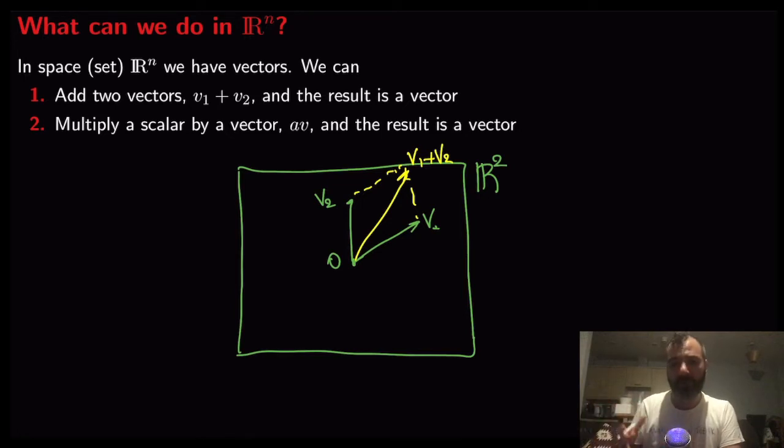The sum of 2 vectors is a vector. I'm stating something super obvious here. Or take this vector, let's call it w. Let's not call everything v, just for variety. And here you have 2 times w. And now here you have 3 times w, and so on. 2 times w, 3 times w, a million times w is again a vector. So these are 2 things we can do with vectors.